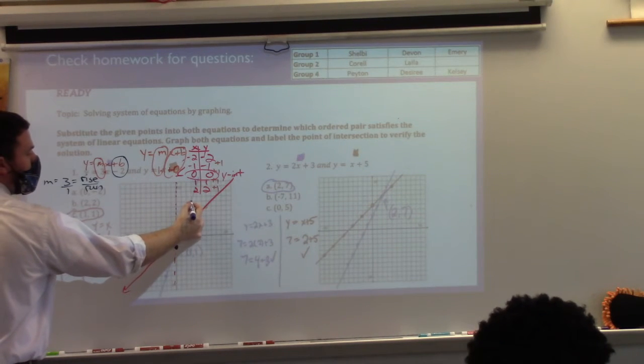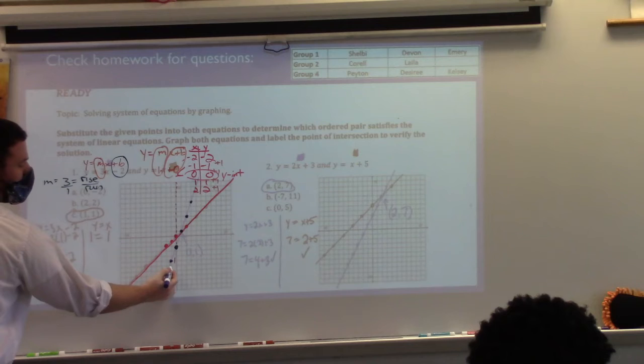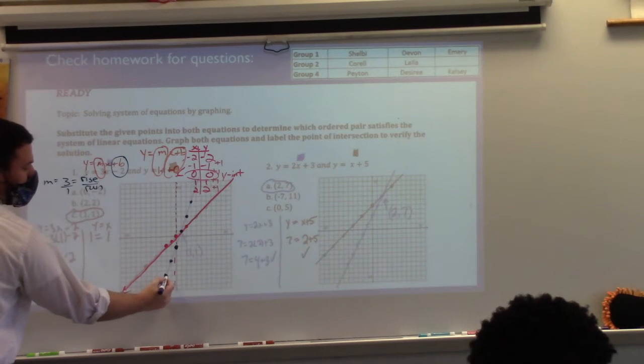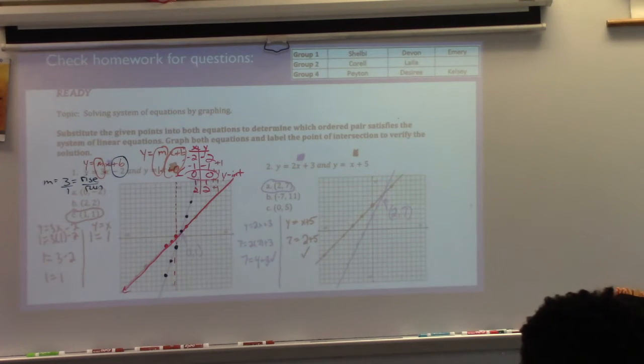Up 3 to the right 1. You can also go down 1, 2, 3 to the left 1. Notice that keeps it in line. We talked about that as well. Using your slope and your y-intercept is a very valid way to find those points accurately.